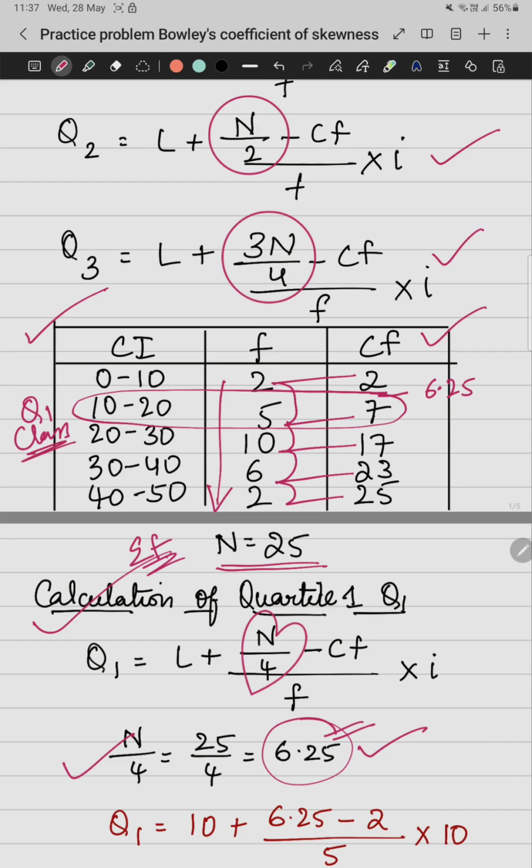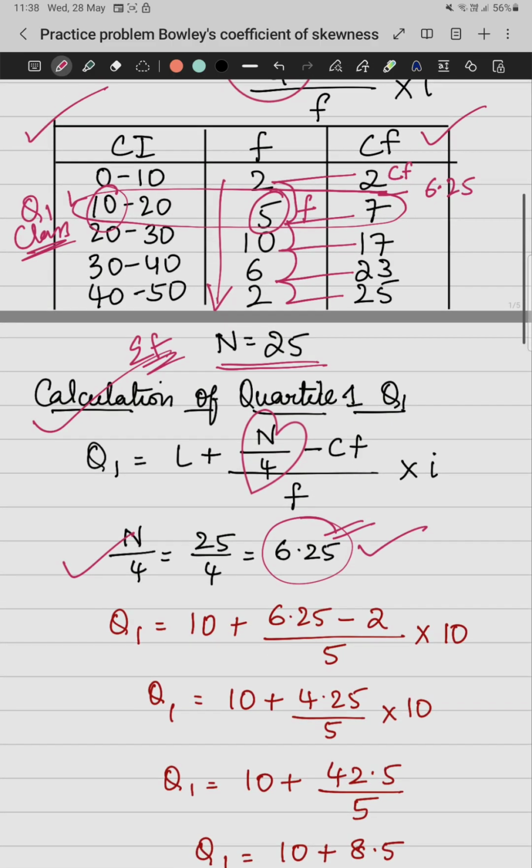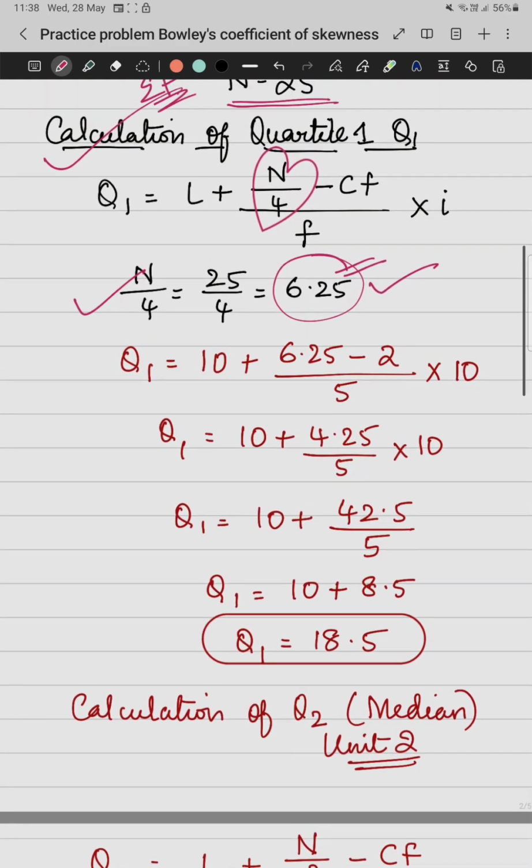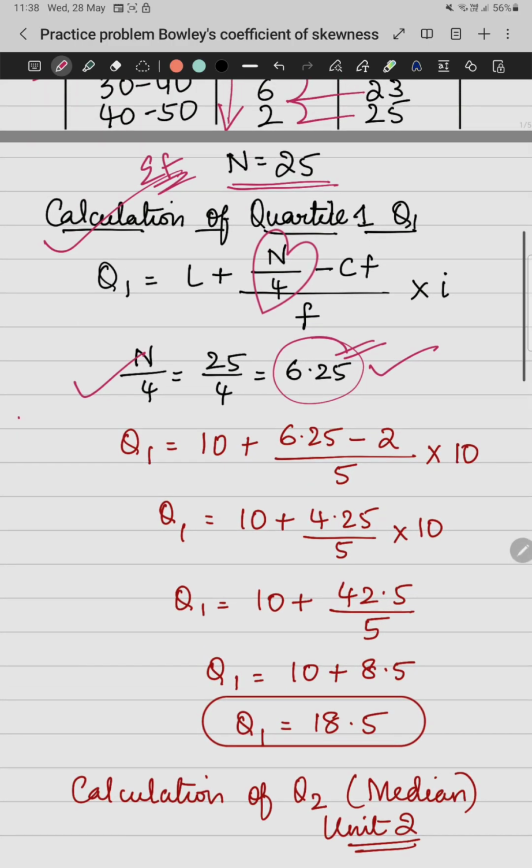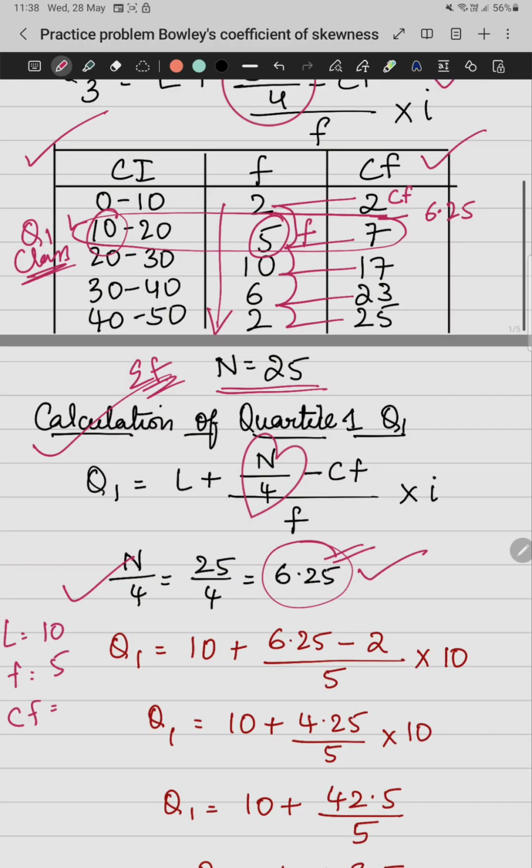Okay. So first you identified the class. Now when you identify the class, you have to write the values from there. So L is 10, the lower limit, frequency is 5, then cumulative frequency is the cumulative frequency of the preceding class, that is whatever is above the Q1 class. So L is 10, F is 5 and CF is 2.